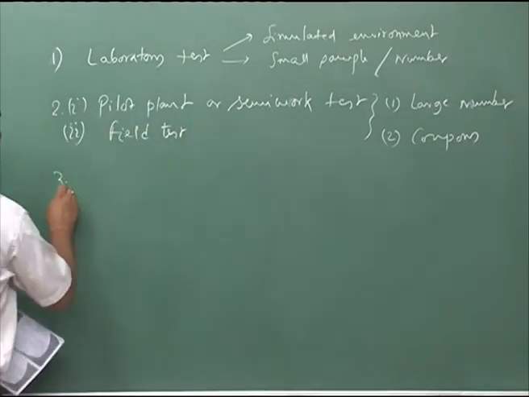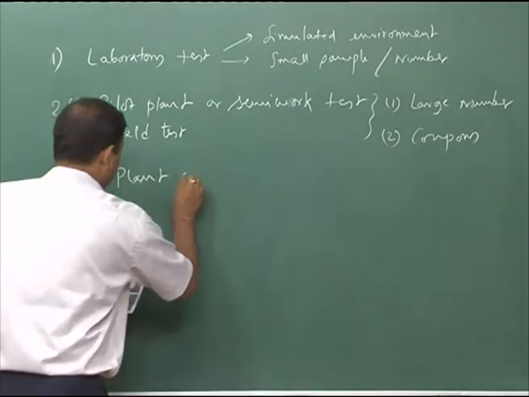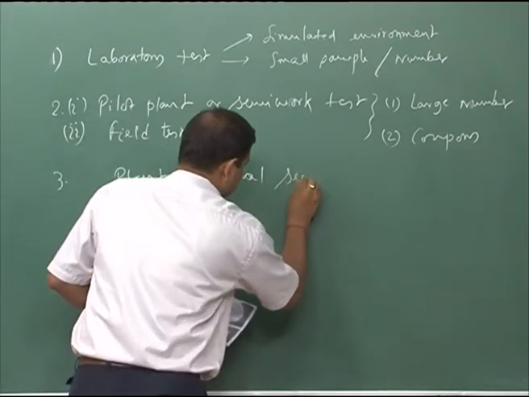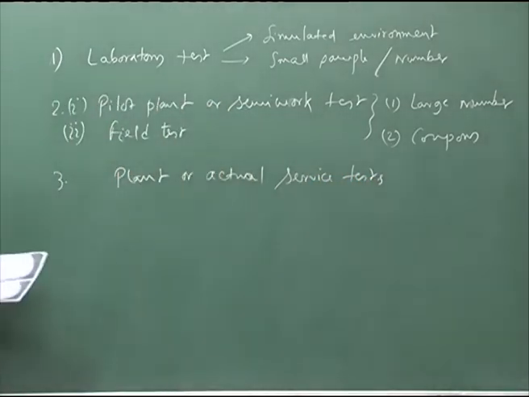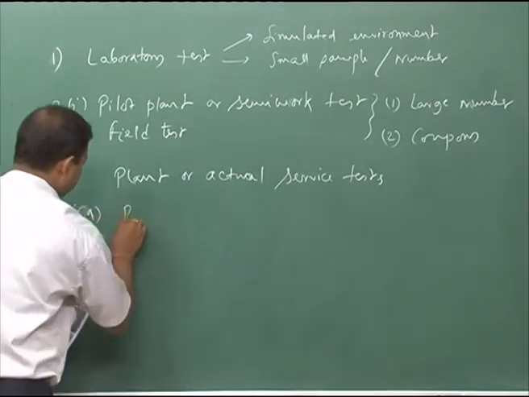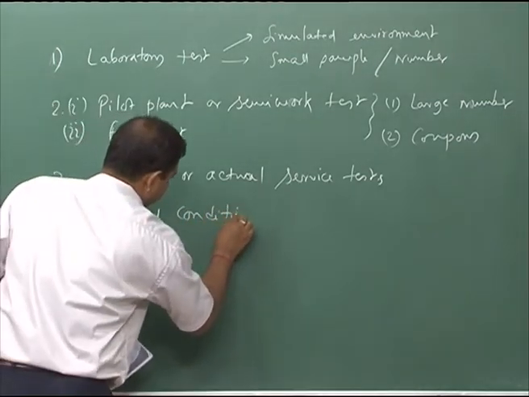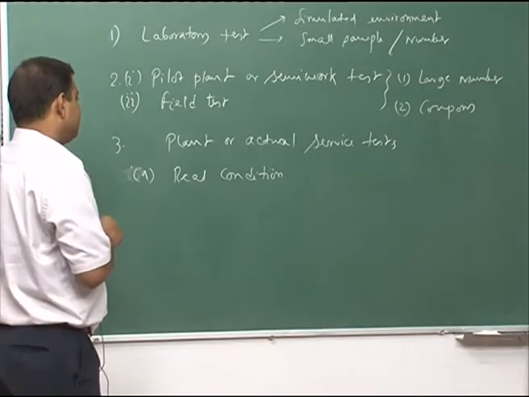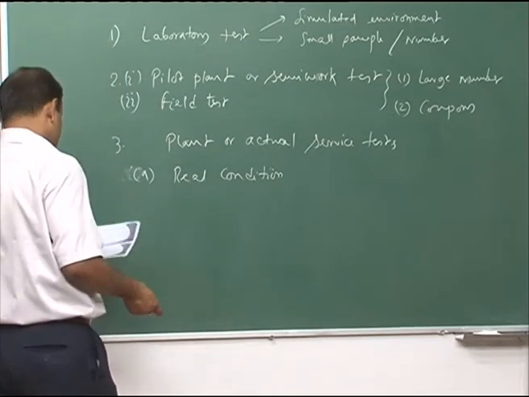Then we have actual plant or actual service tests. Here, of course, this is a real condition, and these materials will be subjected to service mode, that means in operation.